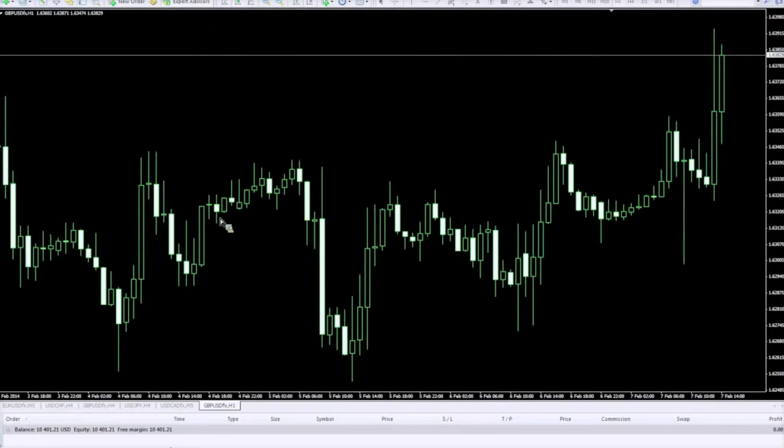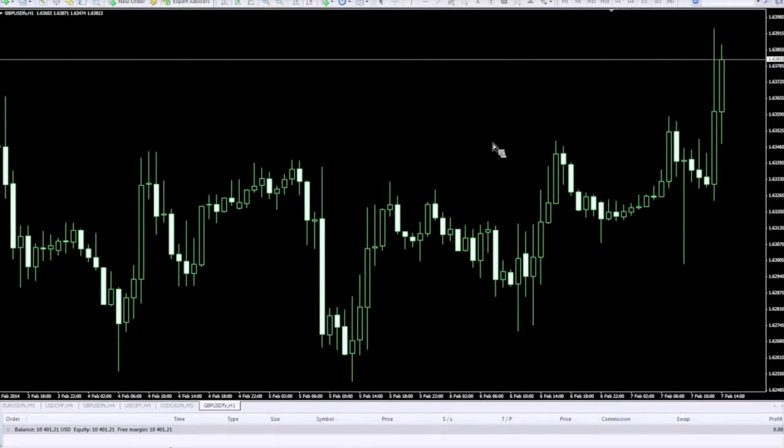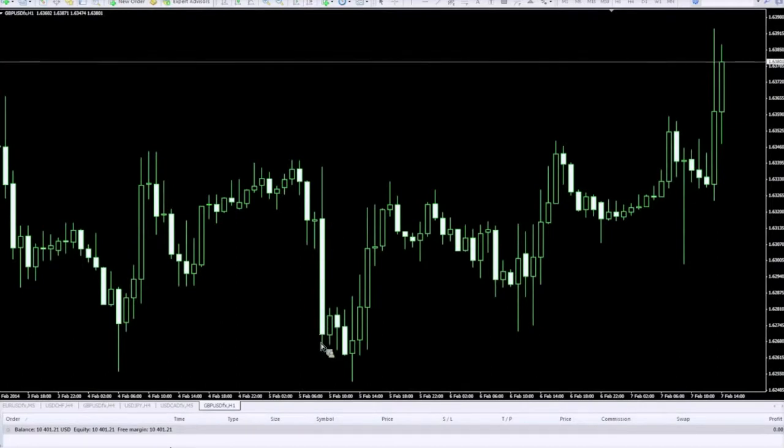What a candlestick chart is, is based on what time frame you're looking at. In this case, if you look up here in the upper right-hand corner, this is a 1-hour chart. What this means is that this candle in the middle of the screen represents how far price moved in that particular hour.